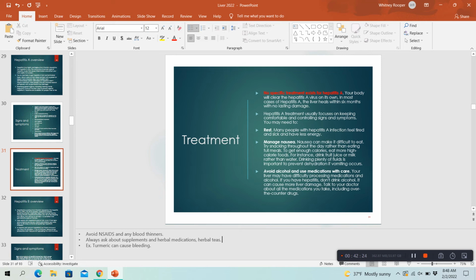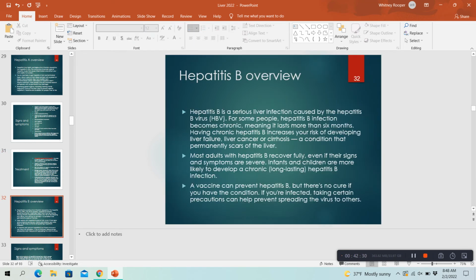Hepatitis B. This is more serious than Hep A. It can be acute or chronic, remember. Chronic infections last longer than 6 months. Hepatitis B increases your risk for liver failure, liver cancer, and cirrhosis. And it permanently scars the liver.